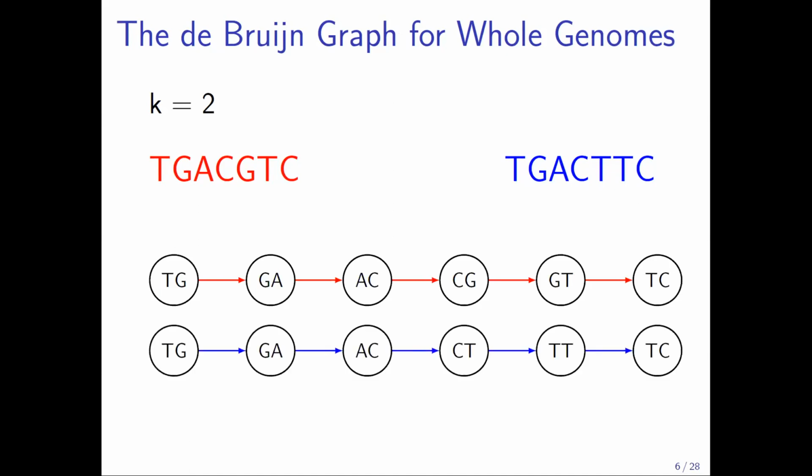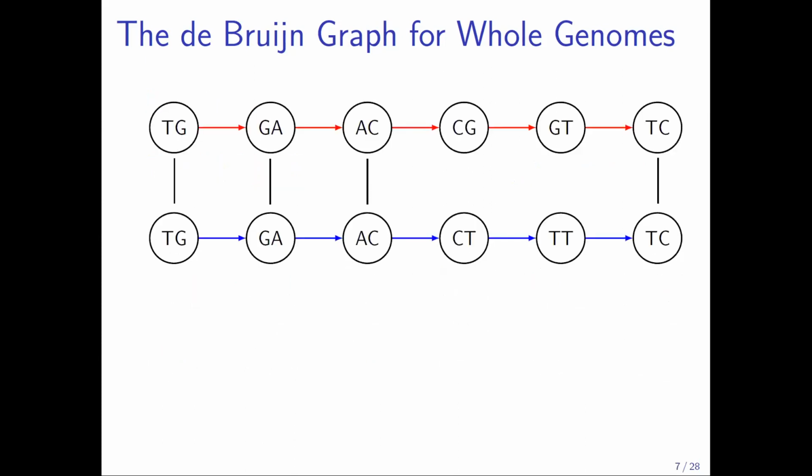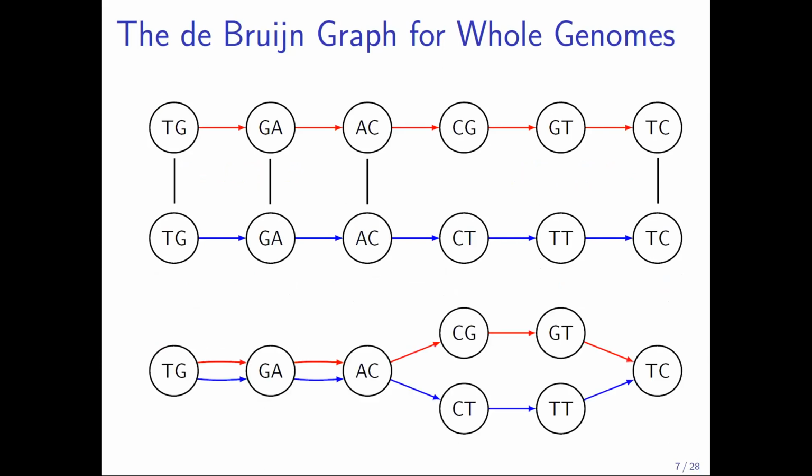As we can see, we have a lot of vertices that have the same labels, and what we can do is merge those vertices with the same labels together. This way we obtain the de Bruijn graph for these two sequences for k equals 2.